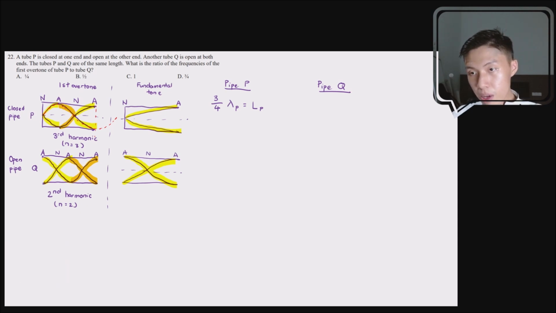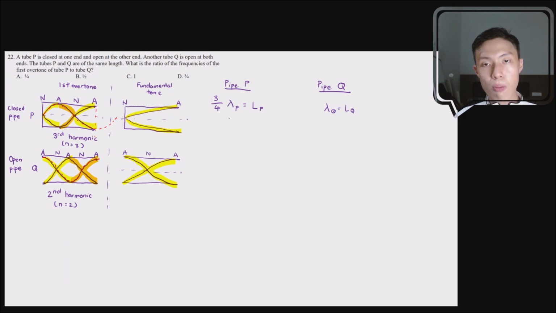A complete wavelength will start from here, go here, then come back up. So exactly one complete wavelength fits inside the pipe. Therefore, the length of pipe Q is exactly equal to the wavelength in pipe Q.